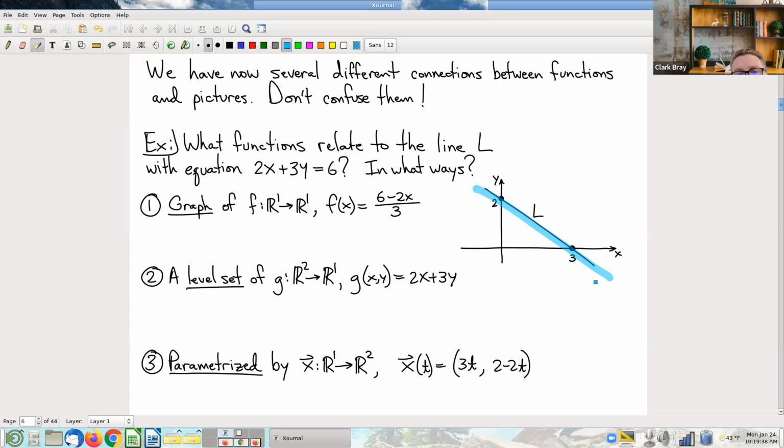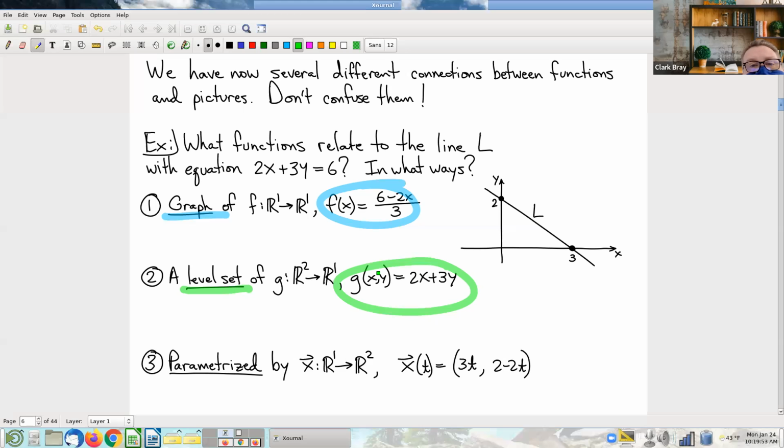And which algebra should we write down? It's important to recognize that this line, while it is a graph of that function, is in a different way a level set of that function, and it's parameterized by that function. All of these are describing the same line with different algebra.